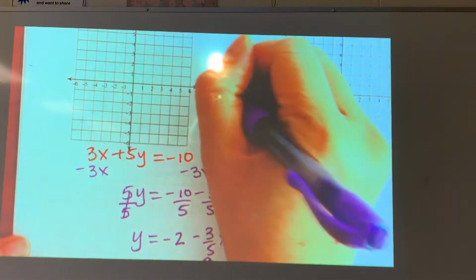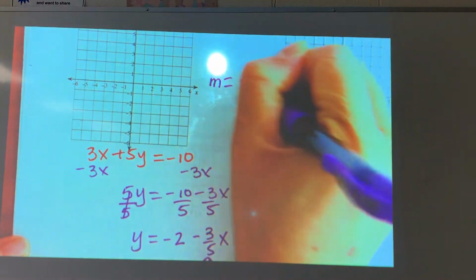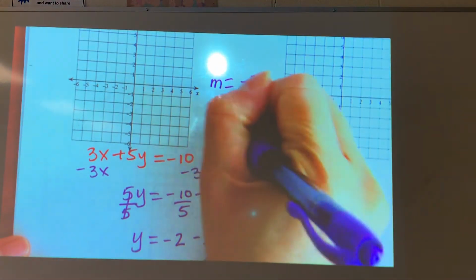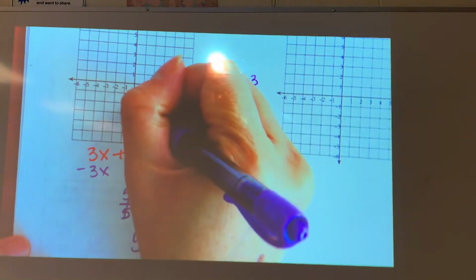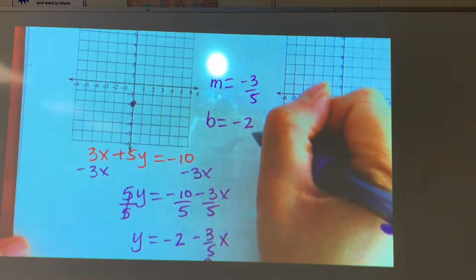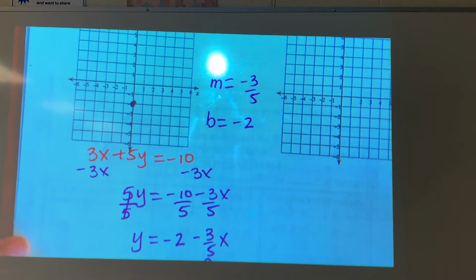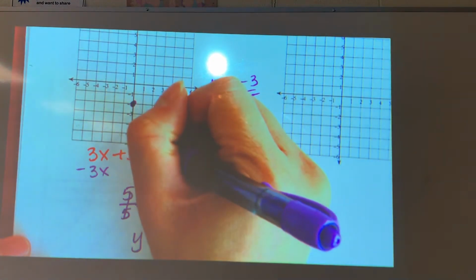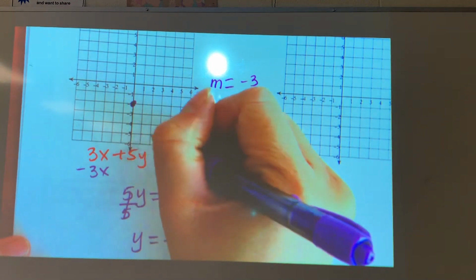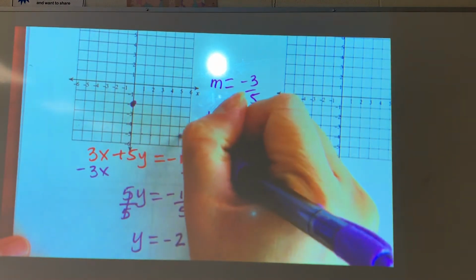Alright, so your slope is -3/5, y-intercept is -2. So we're going to start at -2, which is the y-intercept. The slope is -3/5, so down 3, then right 5.